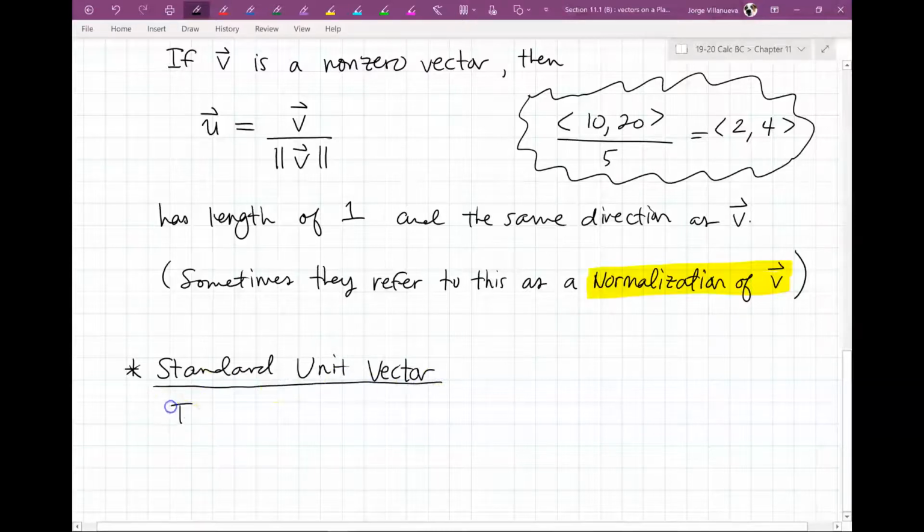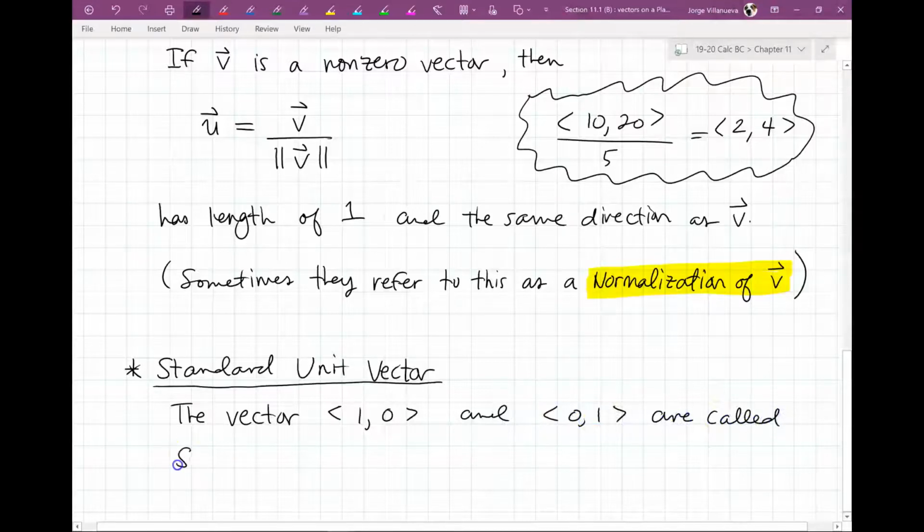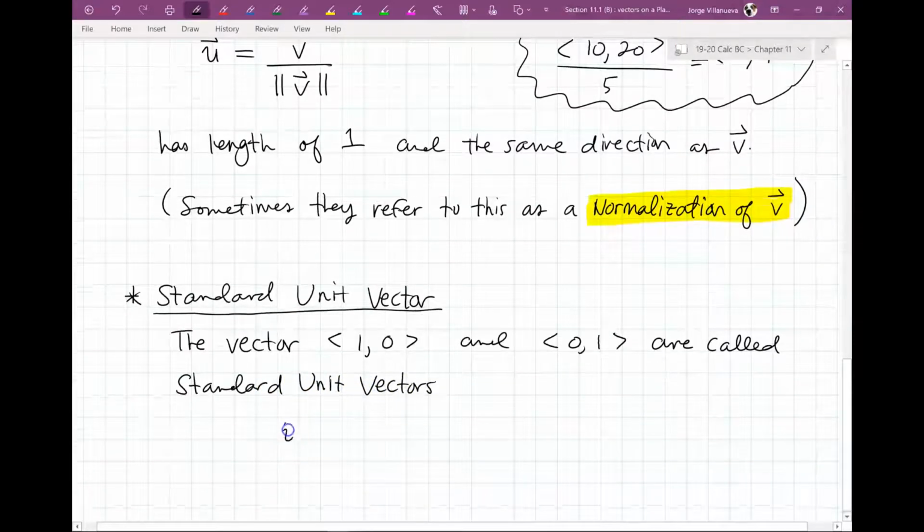We're going to say the vectors 1, 0 and 0, 1 are called standard unit vectors. Okay, and they label them like this.